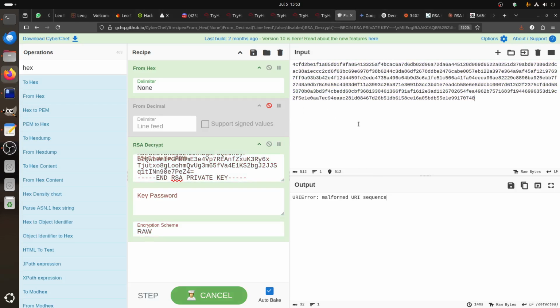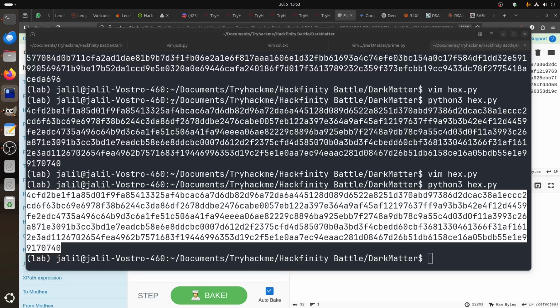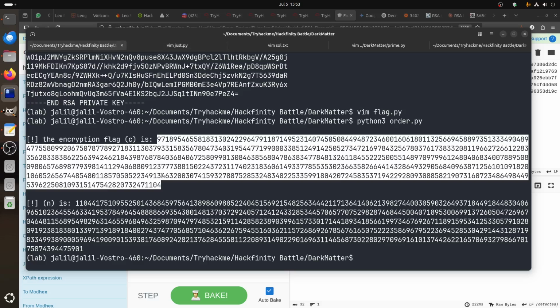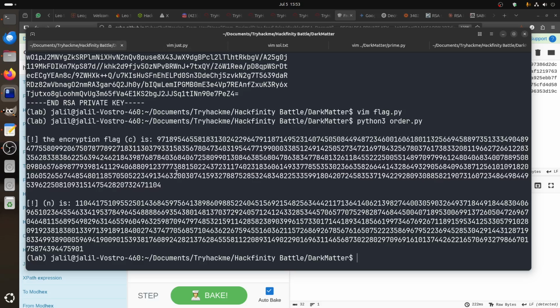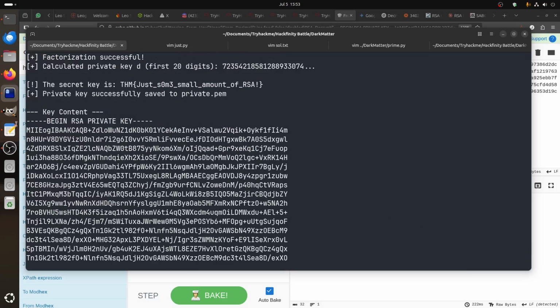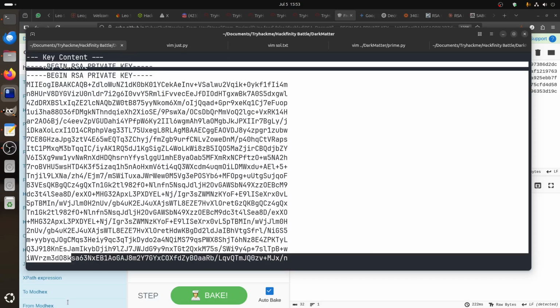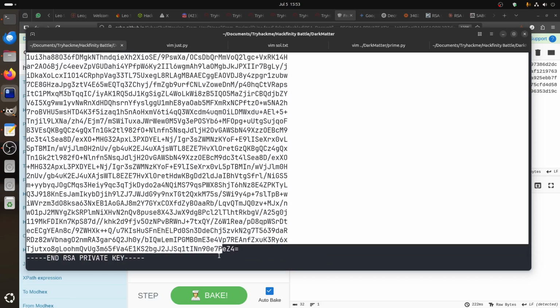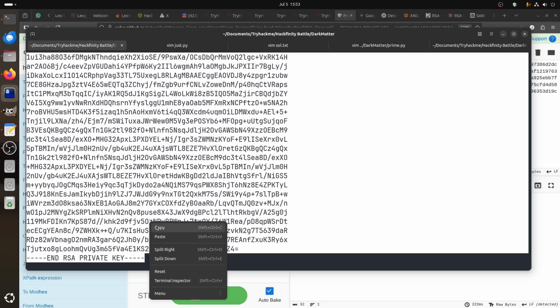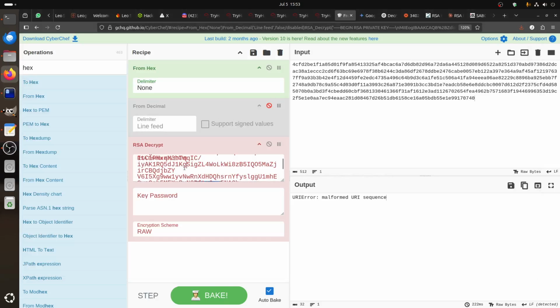It's in hex. Malformed sequence. The key is the same. Did we touch the key? No, the key doesn't change. I don't know, guys.